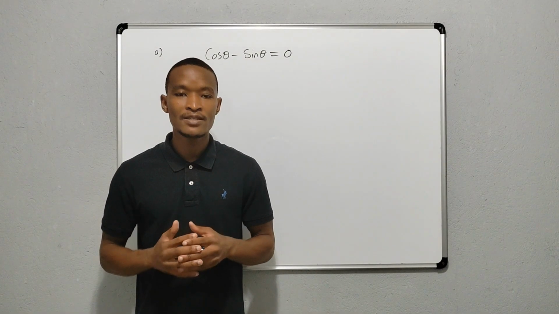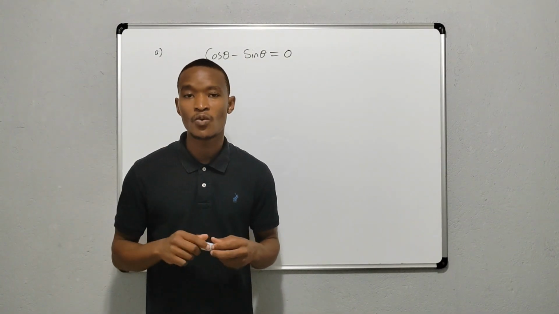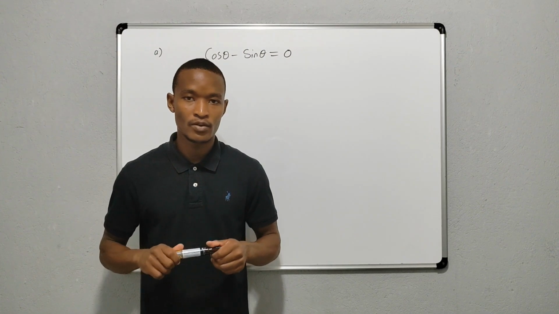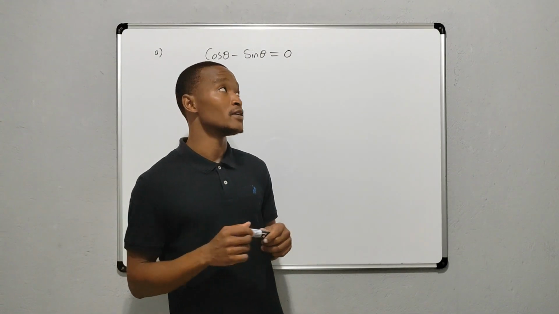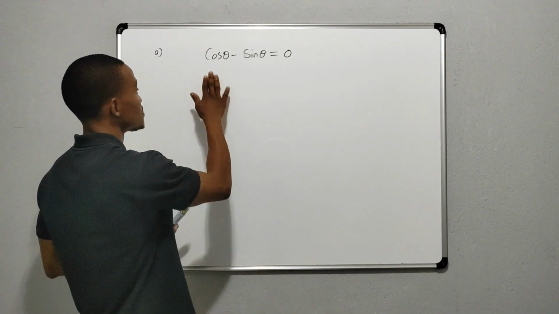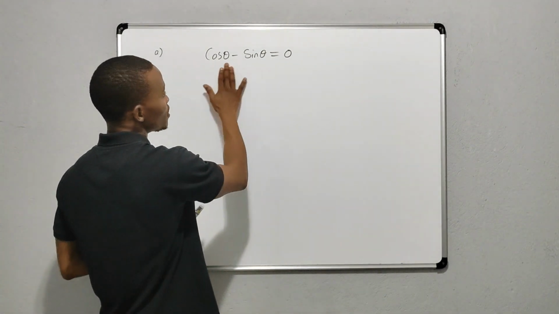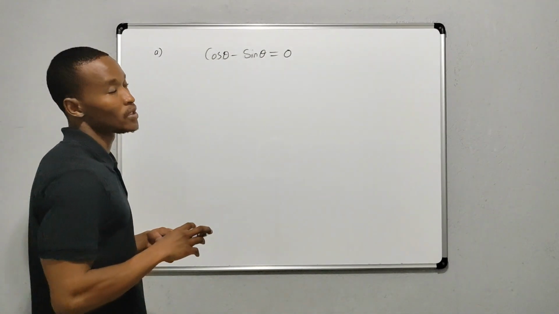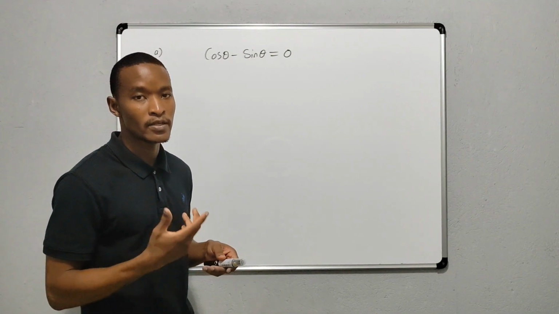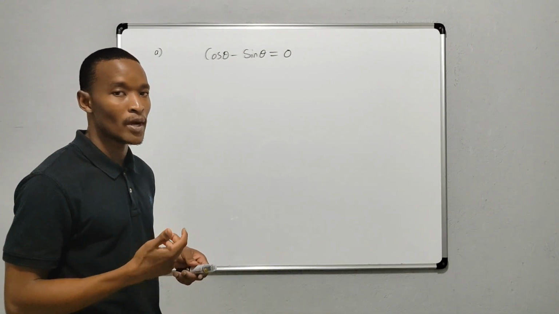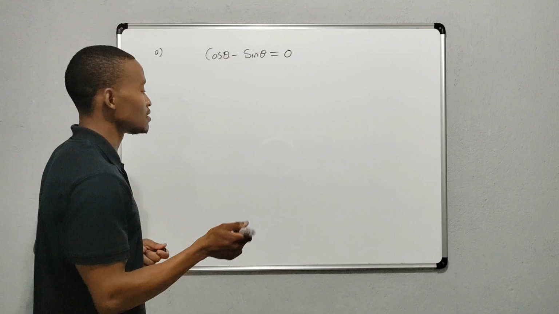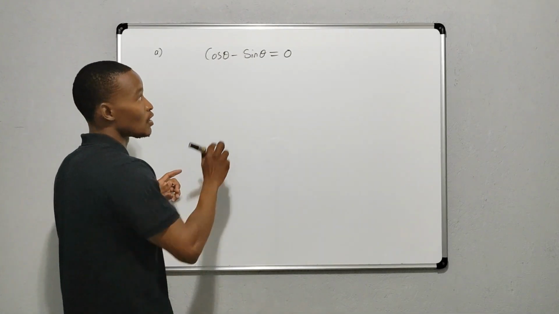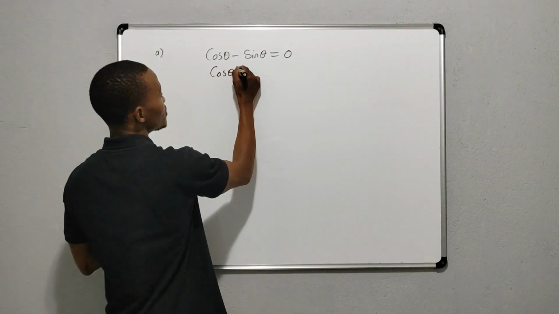Okay, so the ideal situation that we want is to always deal with one trig ratio, okay? However, if there are two, in this case, sine and cos functions, we'll need to creatively eliminate one by using the identity tan theta is equal to sine theta over cos theta, okay?